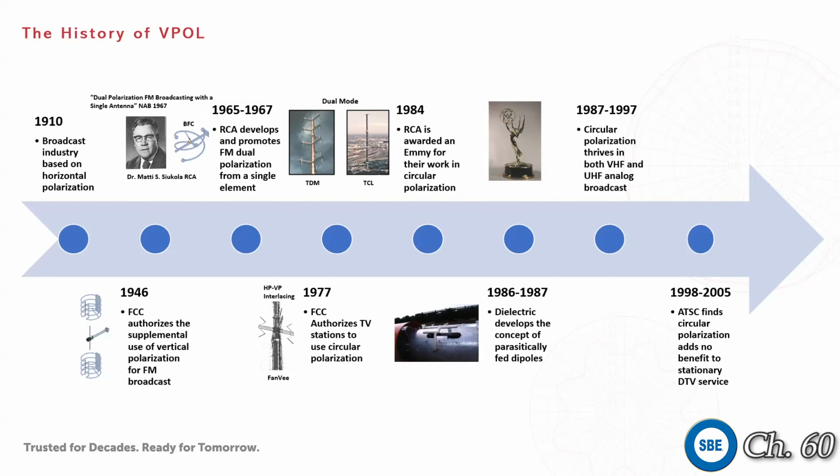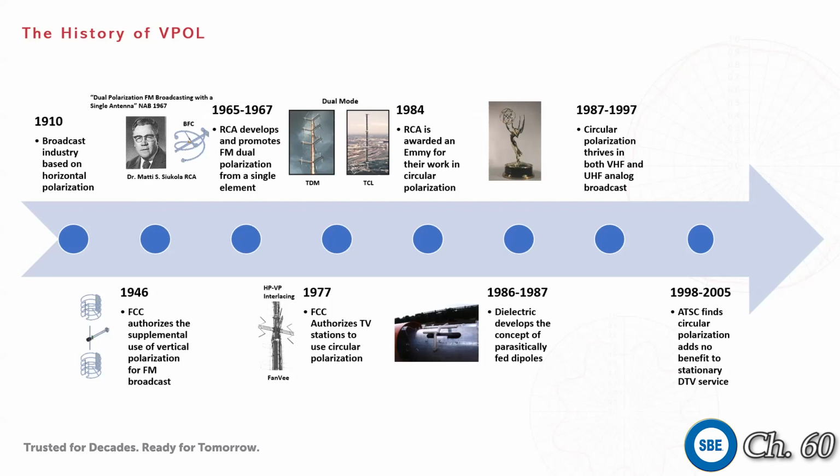Sadly, this is the end of an era for RCA, as in 1986, their division for broadcast is shut down. But not the end of the story, as the IP and the engineers, or at least some of them, are picked up by Dielectric, and they sort of continue that journey forward.